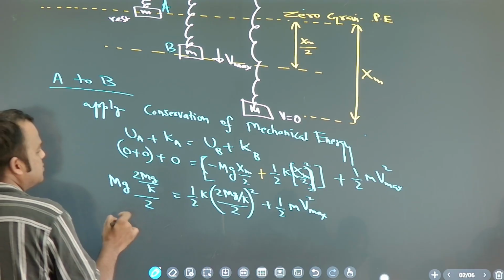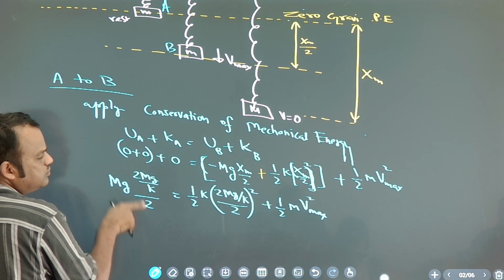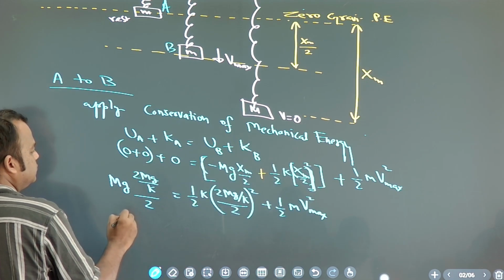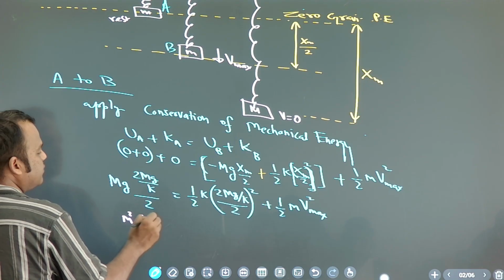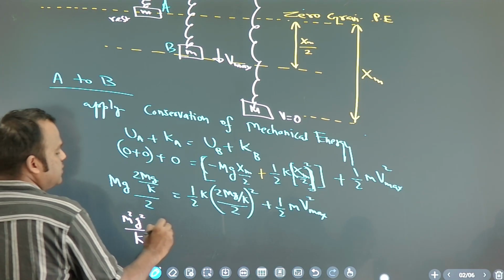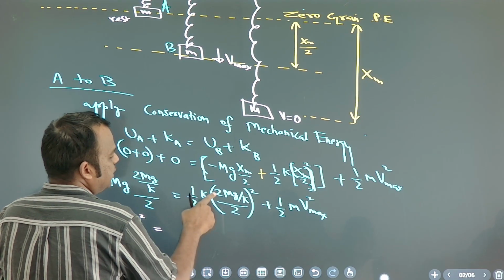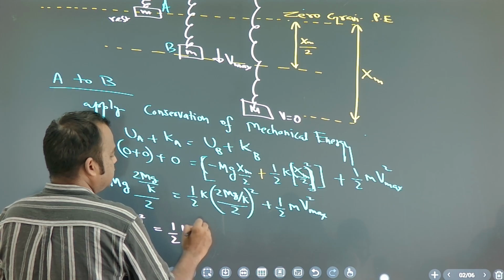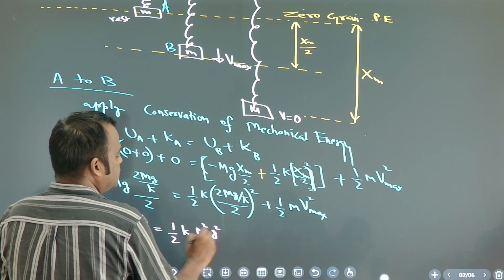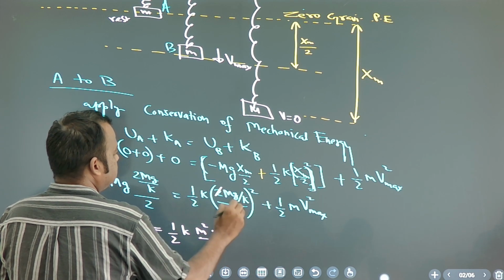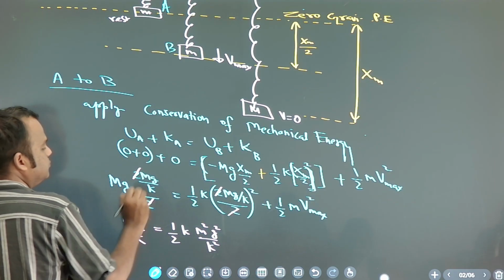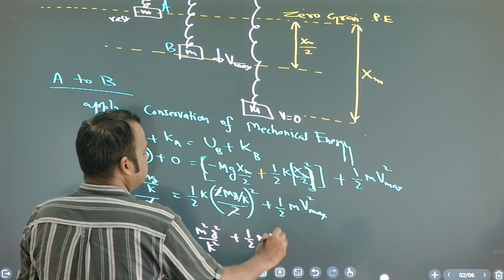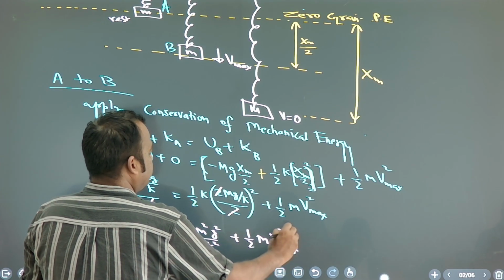Now solve this. So this 2 is to cancel. So you have m square g square by k is equal to, again 2 to cancel, half k m square g square by k square plus half m v max square.